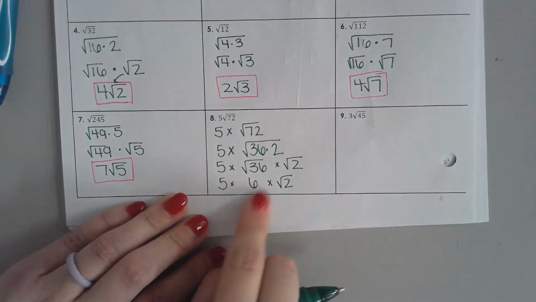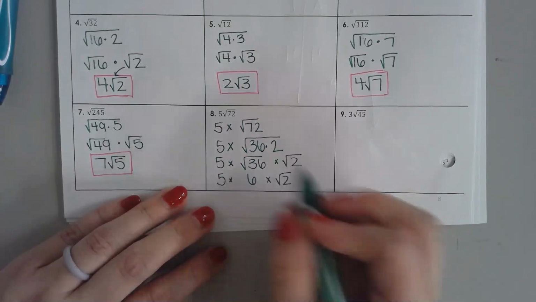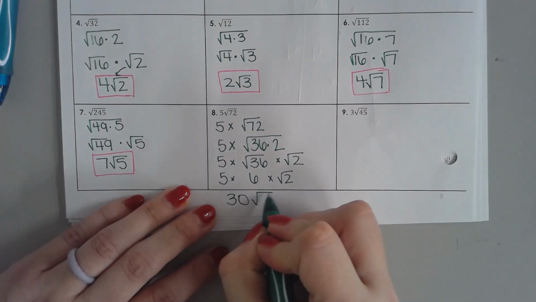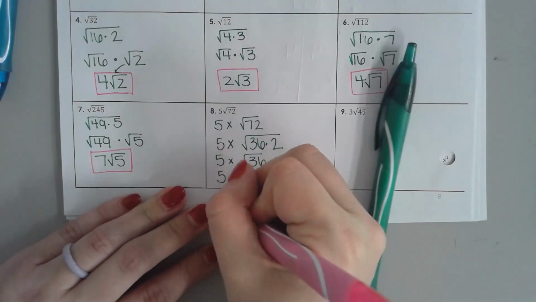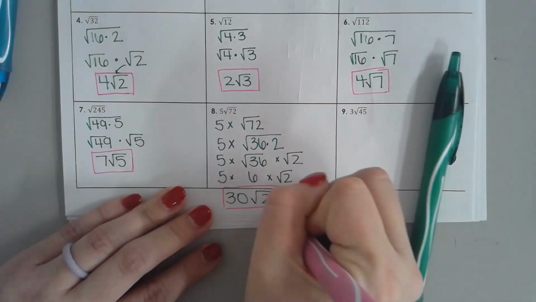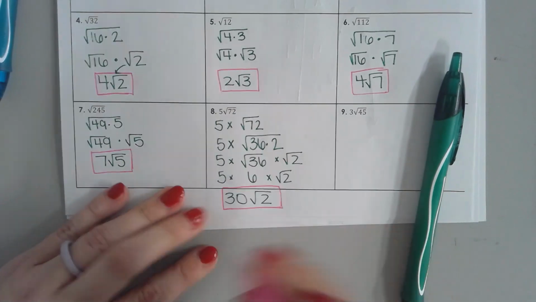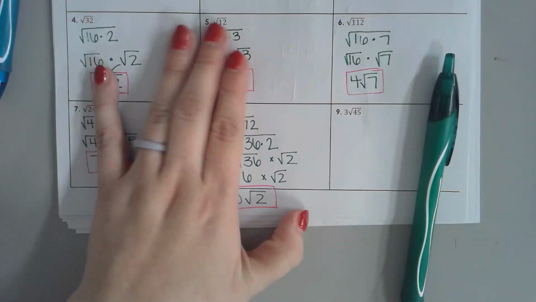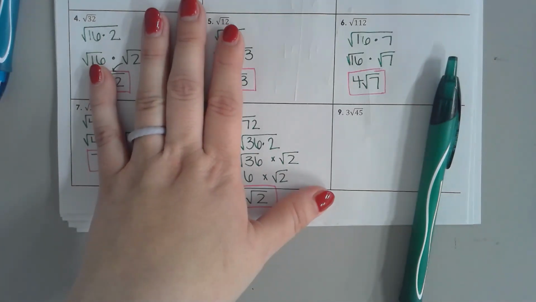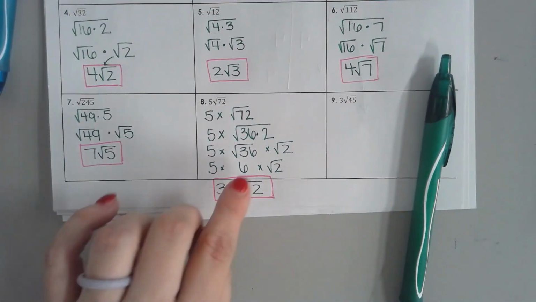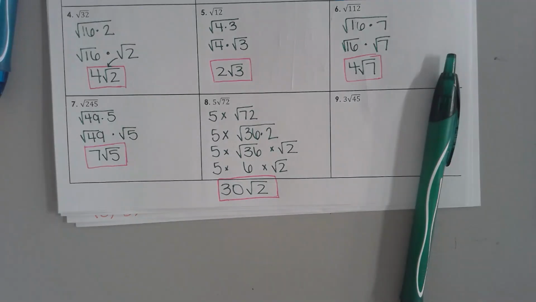What is 5 times 6? 30. So your final answer is 30 square root of 2. It's a lot of work. So really, without the 5, it's what you were doing. You just ended up multiplying that outside number by 5 at the end. That was just the extra step.